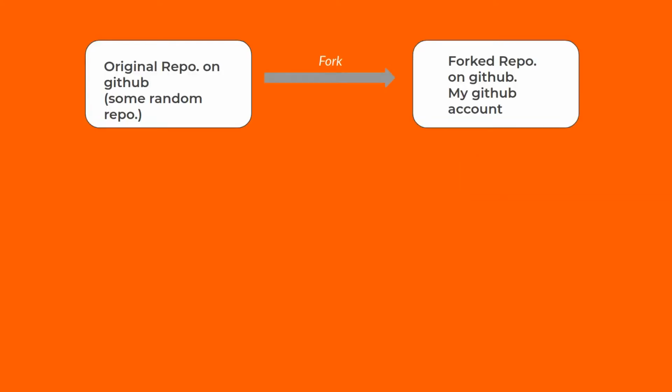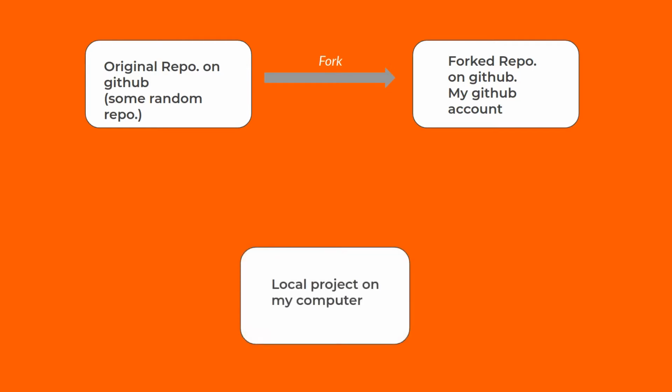Now to work on this repository or project, we need to get a copy of this project onto our local computer. So this is our local computer, and to bring this to our local computer from the GitHub account, we need to connect these two. The process of connecting the GitHub account to our local computer, or the path through which the data is transferred between these two, is called the remote.